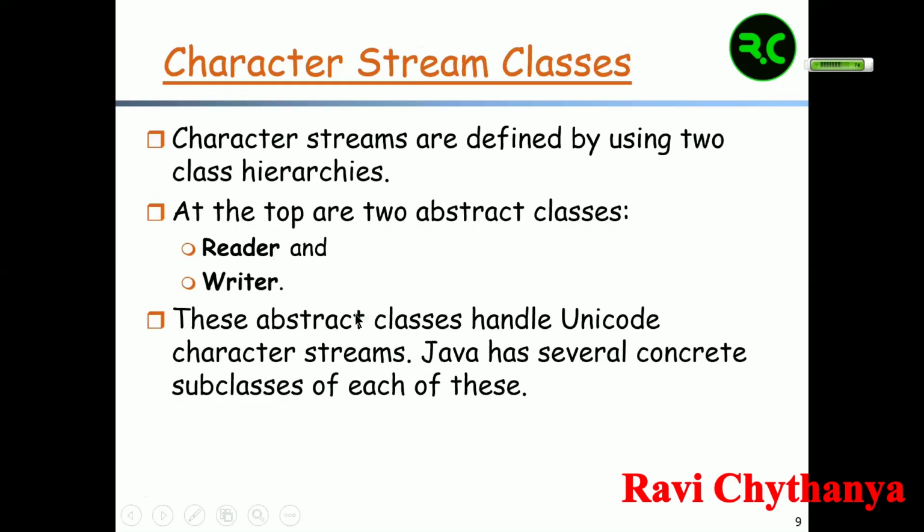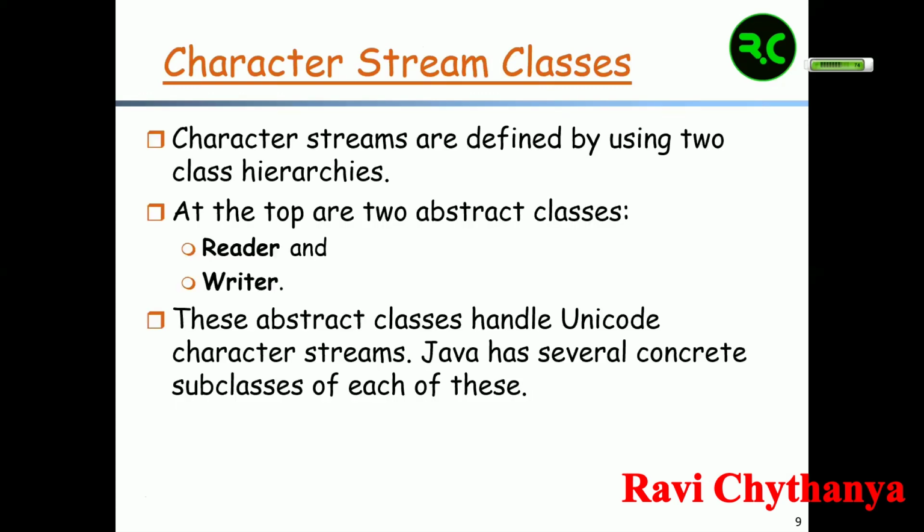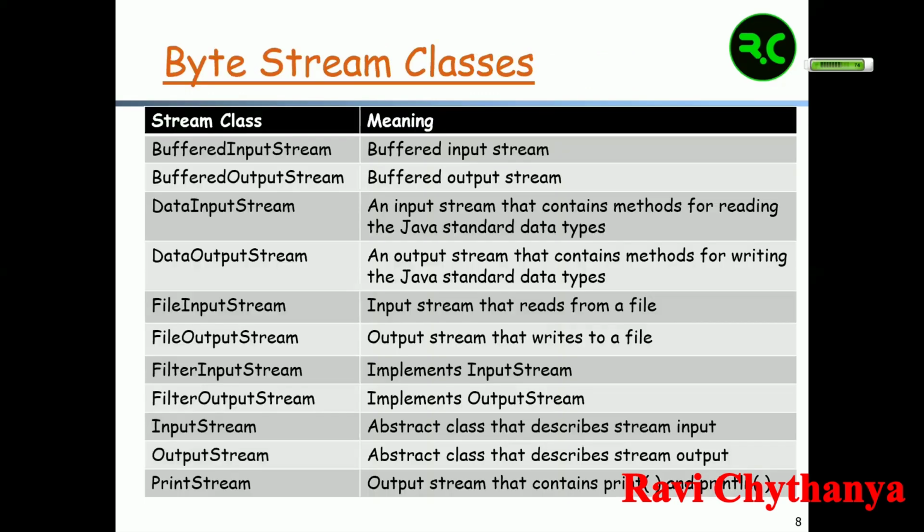So here we are going to have the character stream classes, where the character streams are defined by using two class hierarchies, as we know, the reader and writer classes. Those are the abstract classes, and each abstract class is going to have some different concrete subclasses, just like we have seen in the previous table.